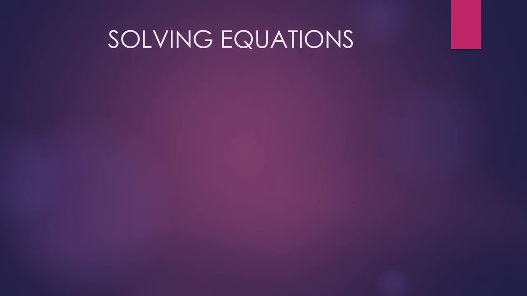Our next part is solving equations. Look at this given question: 5x minus 4 equals 6. First, if you want to solve this equation and find the answer for x, what you have to do here is add 4 to each side.